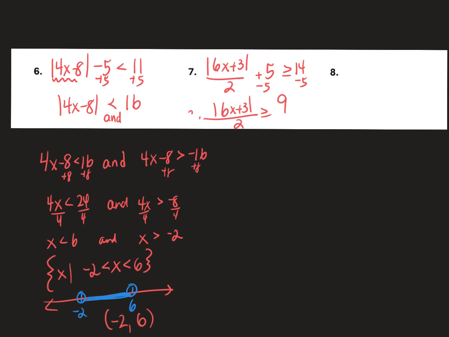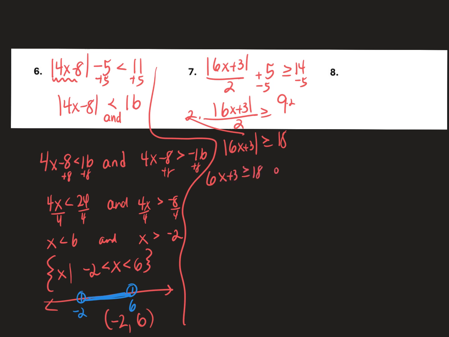Get rid of dividing by 2 by multiplying by 2. I would have the absolute value of 6x plus 3 is greater than or equal to 18. And then I'm going to write my two problems. 6x plus 3 is greater than or equal to 18, or 6x plus 3 is less than or equal to negative 18.